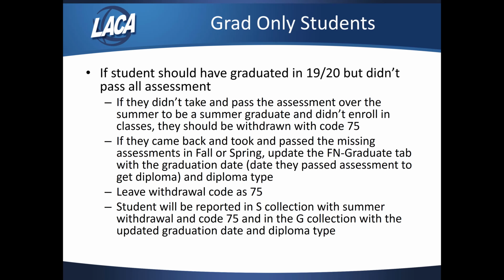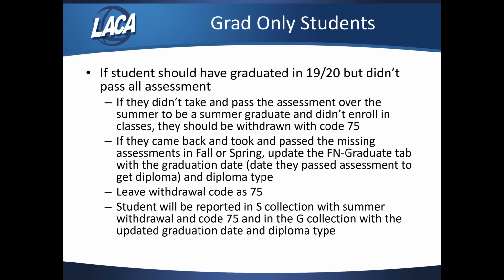If they came back and took the assessment so that they completed this year, if they were already in the 2021 school year, just update the FN graduate tab with the graduation date, the date that they passed the assessment to graduate and receive their diploma, and their diploma date. Leave the withdrawal code at 75. The student will be picked up in the S collection because that graduation date's on there.